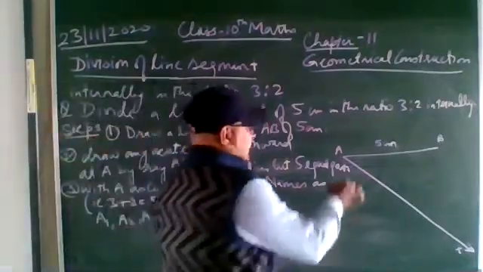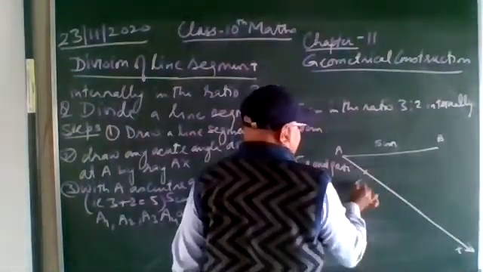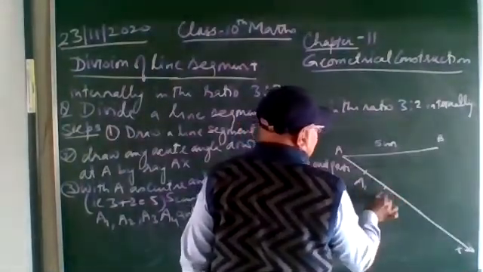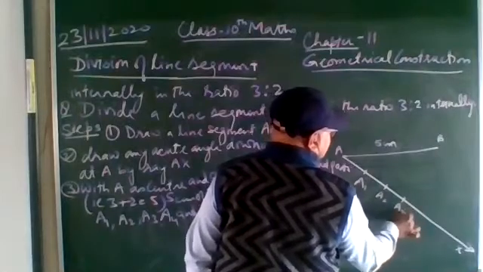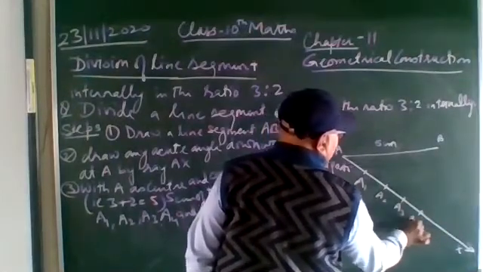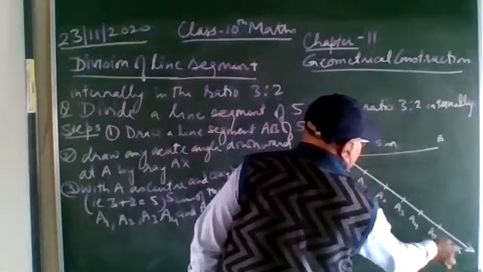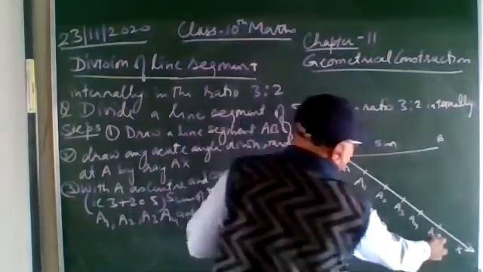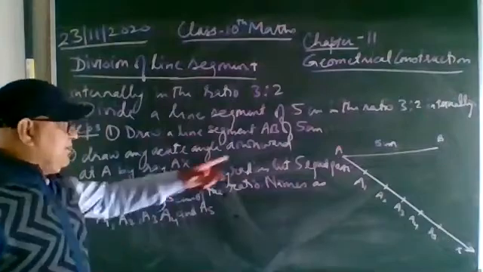Now with A as center, you take the compass and mark A1, A2, A3, A4 and A5. These are equal parts.